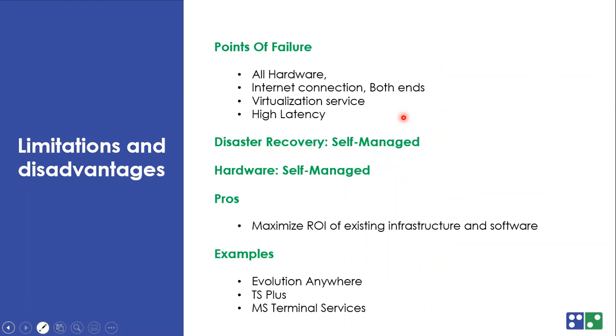So again, in terms of those considerations, points of failure, remember now all hardware is potentially a risk, because with Evolution Anywhere you will have servers and end user computers that just connect locally. Yes, you can still host some of it, so you can host your head office server, for example, and again, remember when I speak about a hosted server, it could either be infrastructure or platform as a service, which implies more or less support on the device, right?